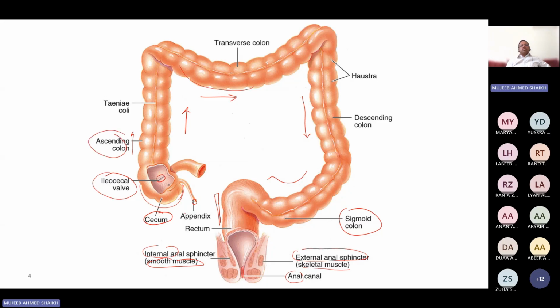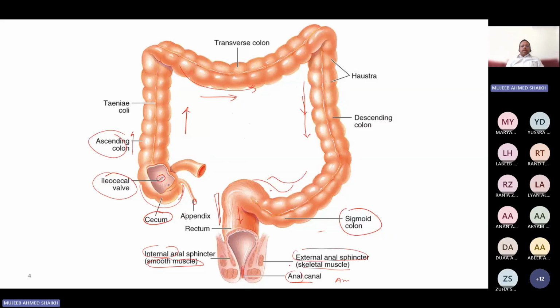Then there is the transverse colon, and the third one is the descending colon, followed by an S-shaped area, which is called the sigmoid colon. Then the straight part is called the rectum, which will open outside through the opening of the anal canal. We call it the anus or anal opening.